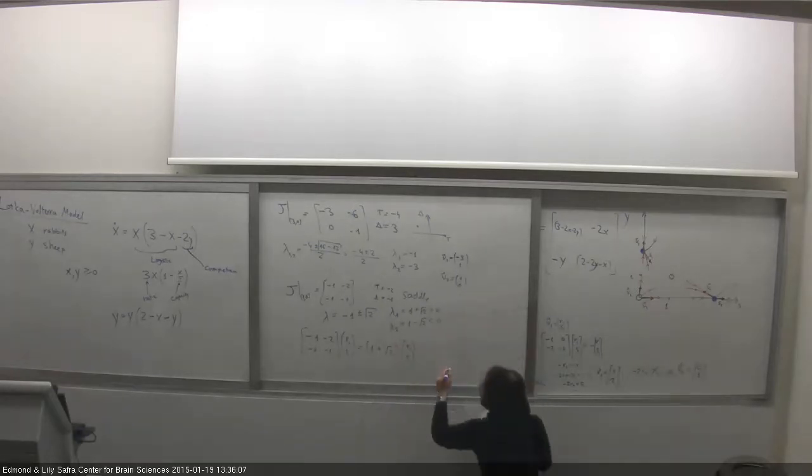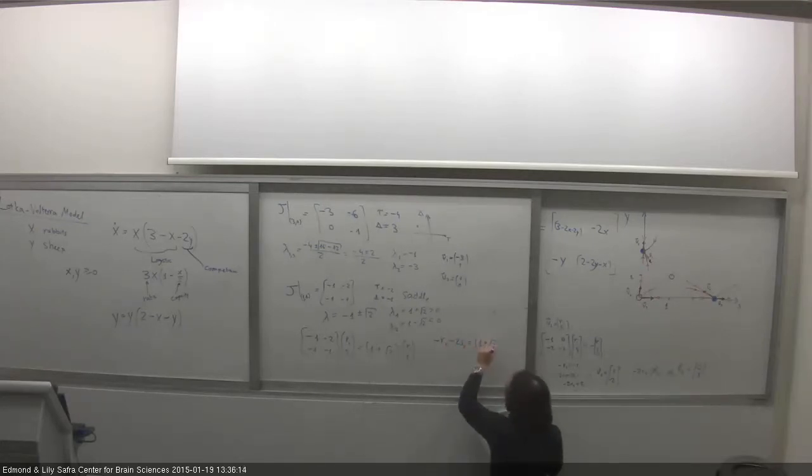So I have minus r1 minus 2s1 equal to 1 plus square root of 2 times r1. Okay? And then I would add r1 to both sides.